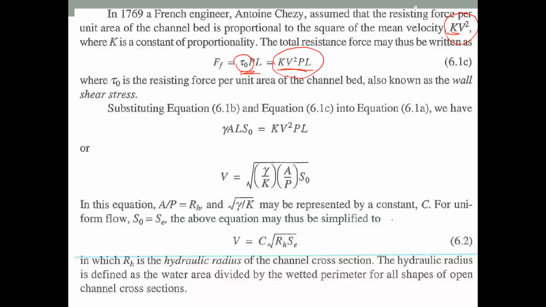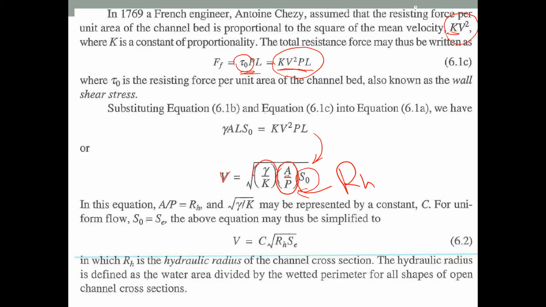So the same equation, and he wrote the average velocity as equal to the area divided by the wetted perimeter. When you simplify this equation, this is what you get. Area divided by the wetted perimeter, in other words, that is equal to the hydraulic radius. And S0 is the slope of the channel bed.